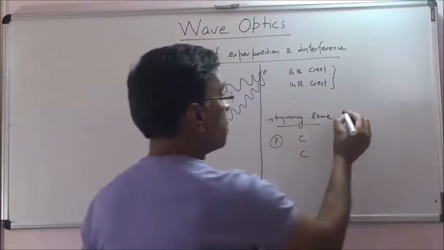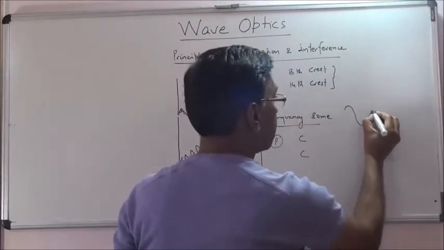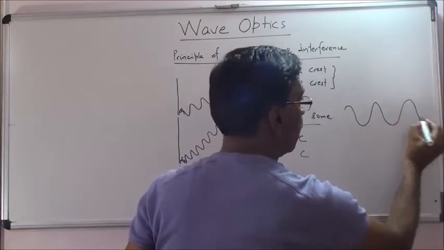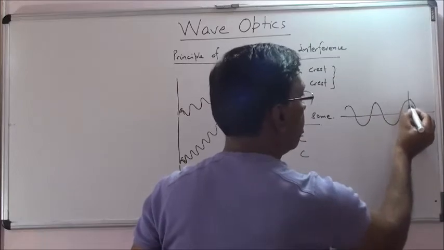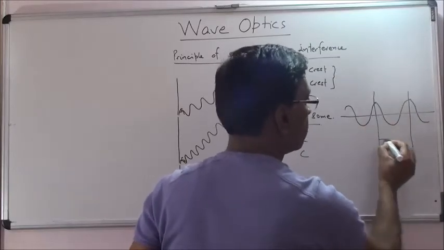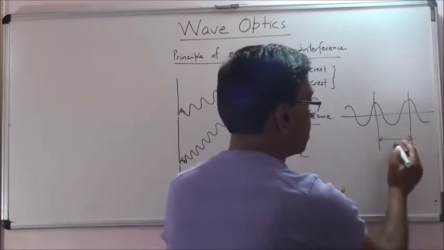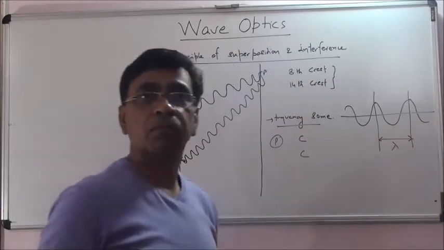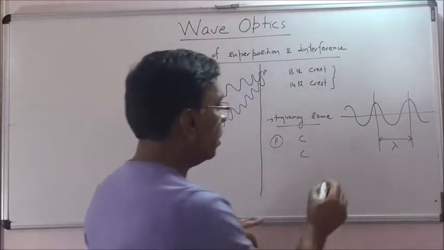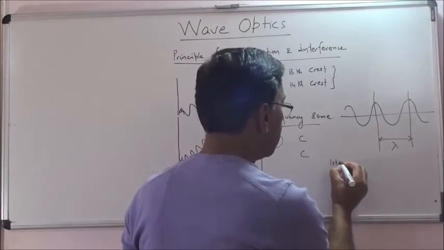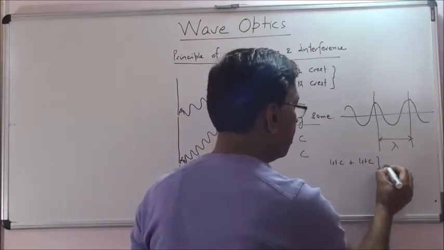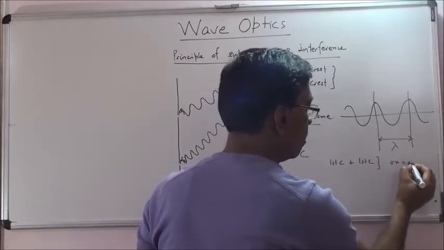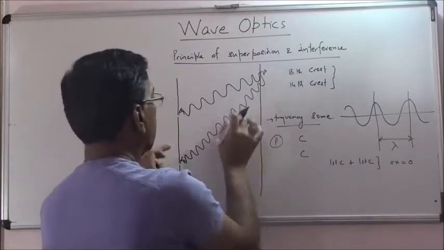But there is a difference. If I take a part of this wave, this crest and this crest, what is the difference in them in terms of this distance? This is actually lambda. So if I say I am getting the first crest due to the first wave and the first crest due to the second wave, this difference in their path covered is 0.